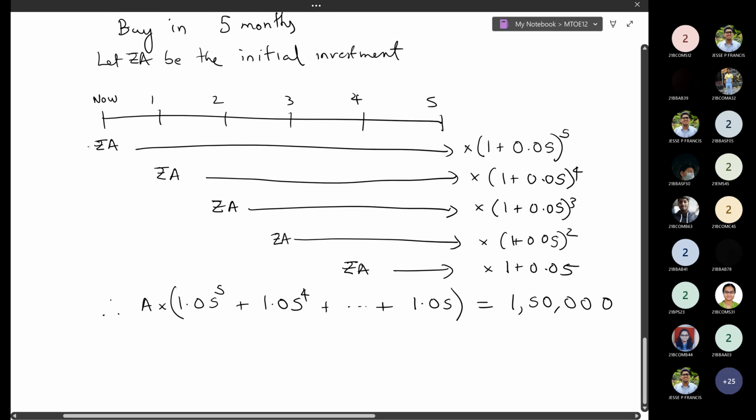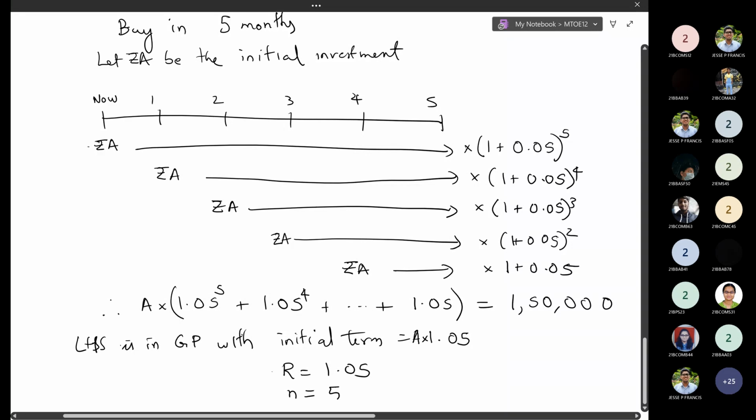Because our LHS is in GP with initial term equal to 1.05, common ratio equal to 1.05, A into 1.05, sorry, A into 1.05, common ratio is equal to 1.05, and number of terms is 5.